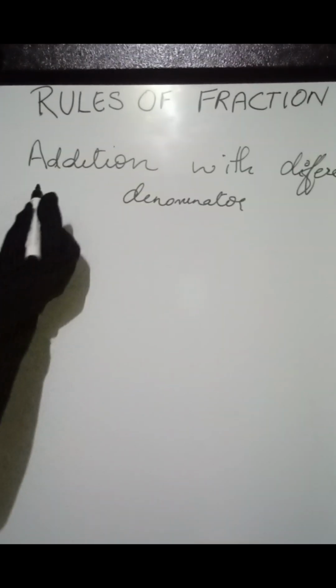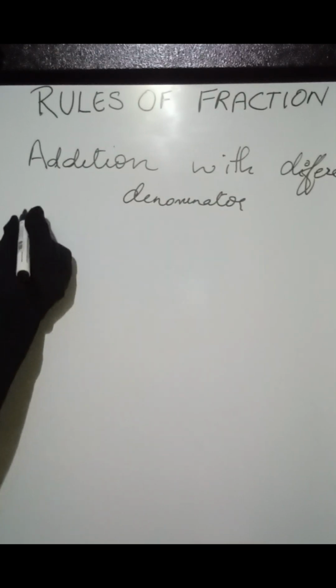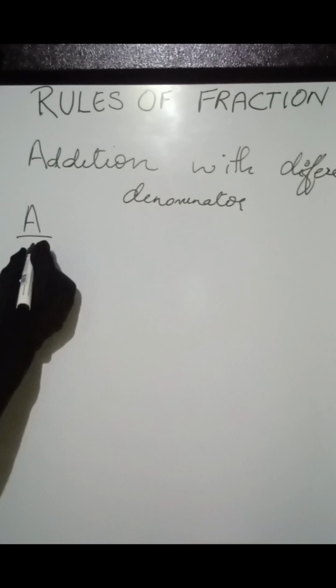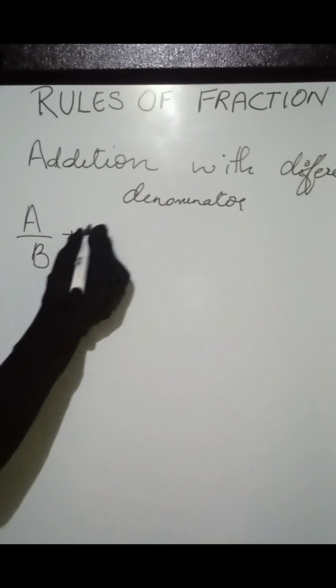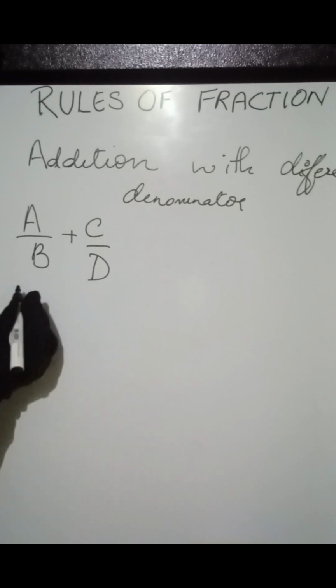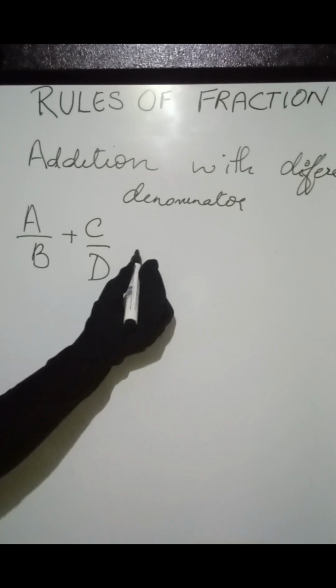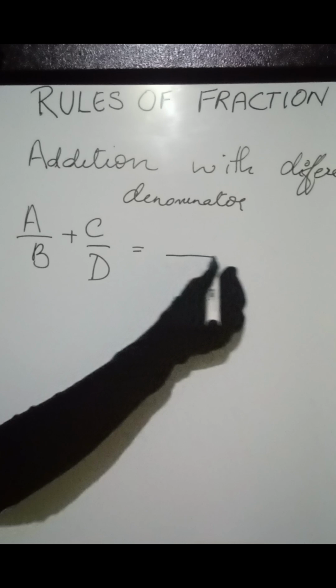So let's see how to do addition with different denominators. Let's consider A by B plus C by D. Here the denominators are B and D. So for this, when you have different denominators, it is necessary to make the denominator common.